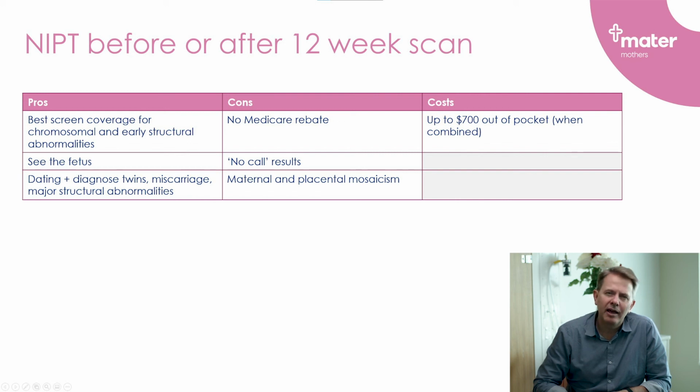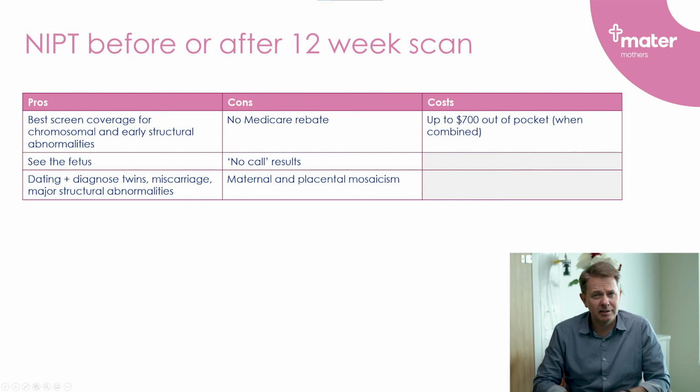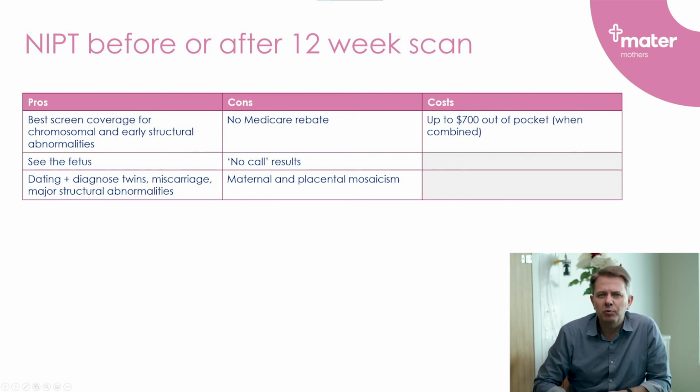If a woman has had a combined first trimester screen and is high risk, then the question may be asked, should I have an NIPT instead of amniocentesis or CVS? One of the problems with NIPT in this context is the very limited range of conditions that it's testing for, largely the common trisomies and sex chromosome abnormalities.